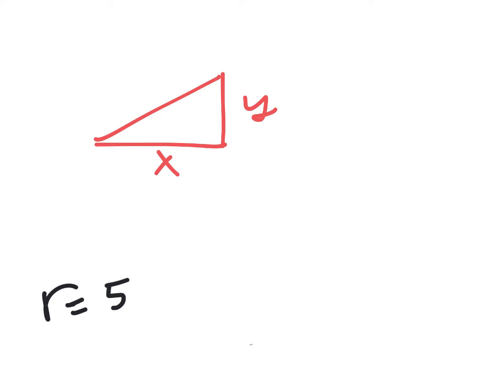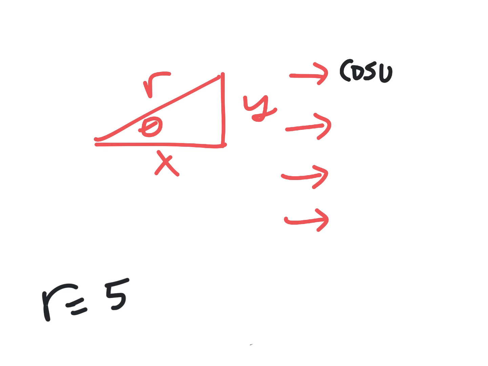X, Y, and R, and theta. Would you please recreate the 4 things that convert polar into rectangular? Like, for example, cosine of theta equals something, and then if you solve it right, that'll convert polar to rectangular. There's 4 things I told you to memorize.